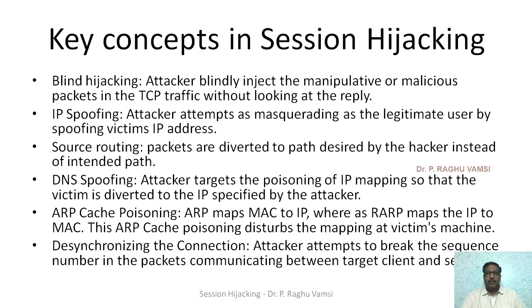When this ARP is poisoned, the victim machine cannot identify the actual IP to which the packets have to be sent. Thereby, the attacker takes advantage of this and catches hold of the packets that are sent by the victim machine.